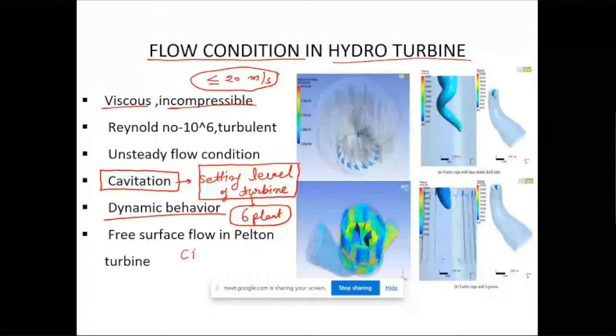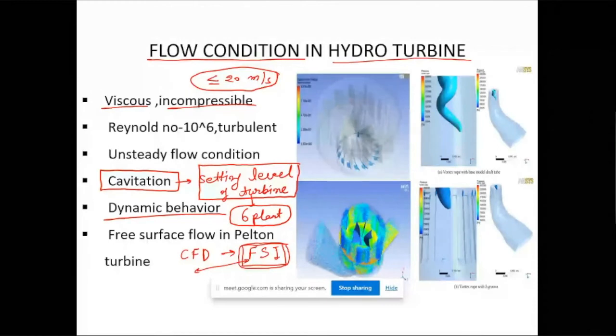Once we connect CFD with FSI, FSI is a new domain where we couple with the CFD. This is called fluid structure interaction. This is a new topic on which a lot of researchers are working.